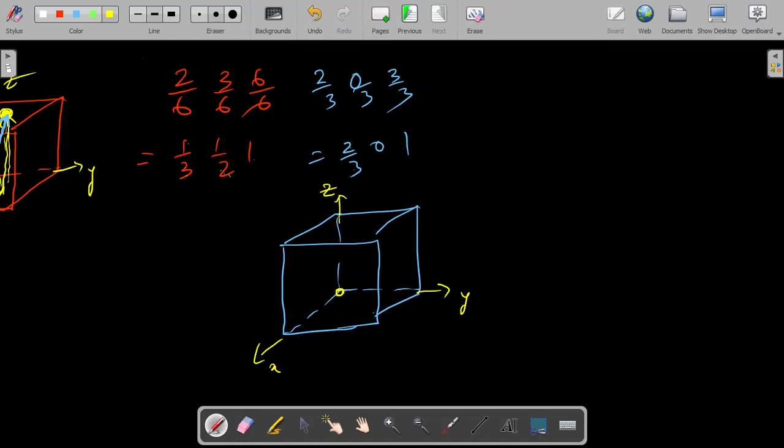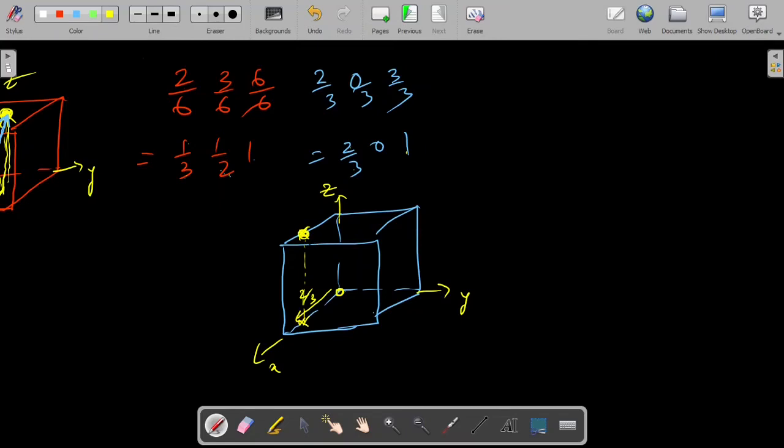So 2/3 along the X, so somewhere here. So this much is 2/3. Then 0, you don't have to move along Y. Then 1. So from here, you go up along Z direction by an amount 1. So this is your final point. Right.